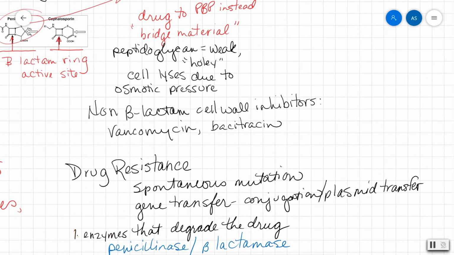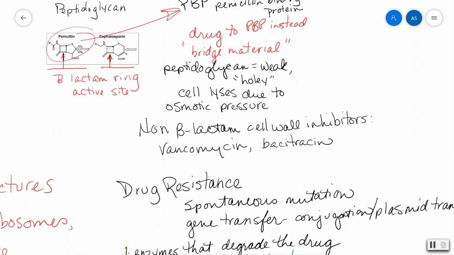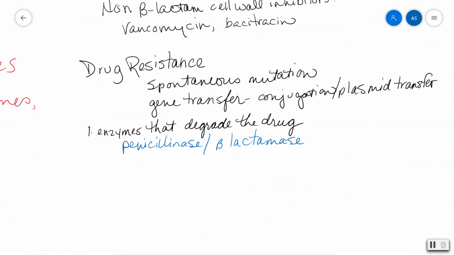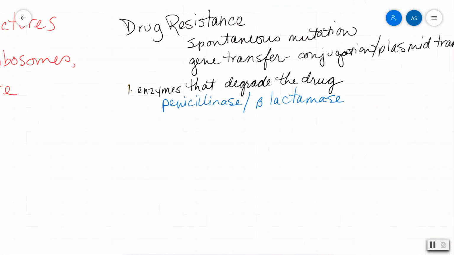Penicillinase or beta-lactamase, actually, if we look at this picture, it destroys the beta-lactam ring. It's an enzyme that snips that ring structure, and then the beta-lactam drug can no longer bind to the PBP and interfere with cell wall synthesis.